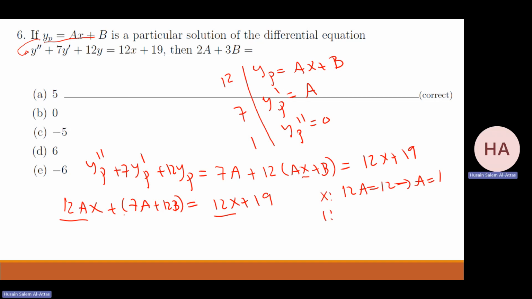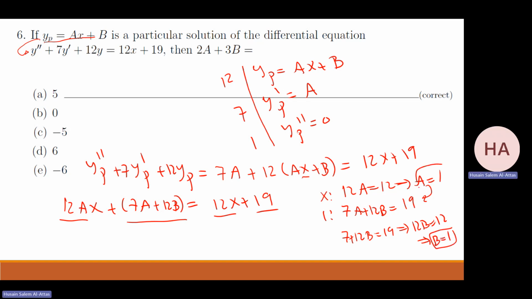The constant from this side is 7a plus 12b, from this side is 19. a is 1, plug it here: 7 plus 12b equals 19. So 12b equals 12, so b equals 1. I got a and b, so 2a plus 3b will be 2 times 1 plus 3 times 1, which is 5.